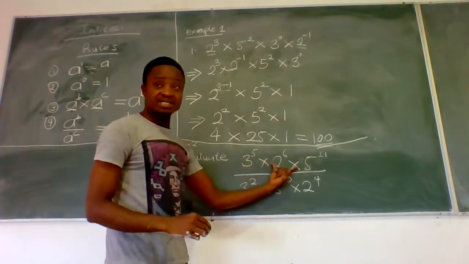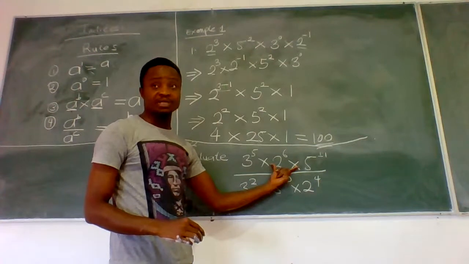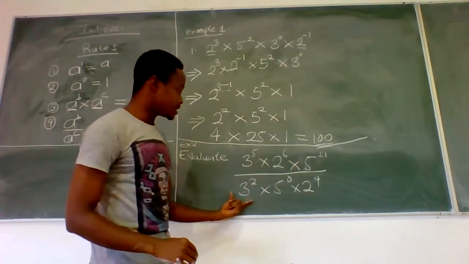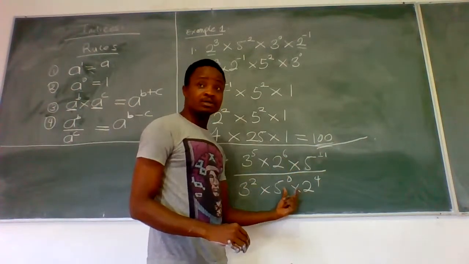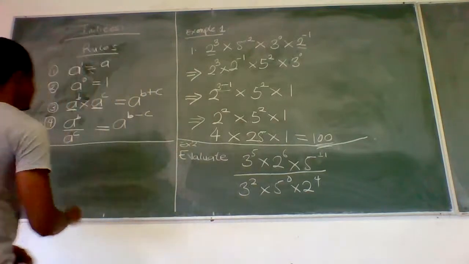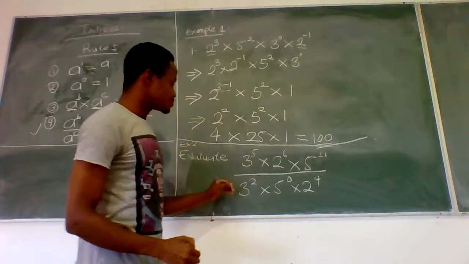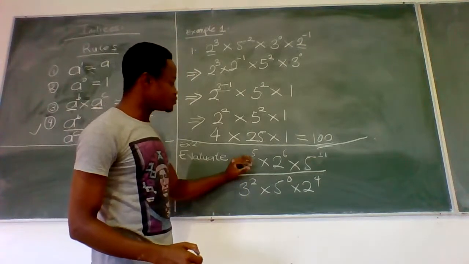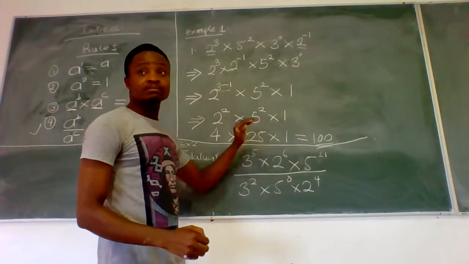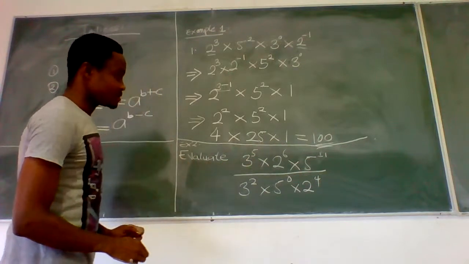Are there any common bases? No, there are no common bases. So we can just leave it like that. The down one, there's no common bases. So now we move to the fourth rule, which deals with division. With division, you group those with a common base and then we apply our rules.